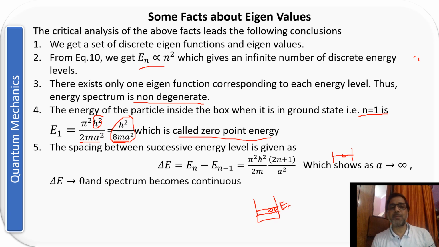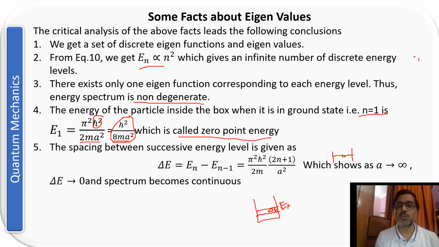If I substitute the values, for En we have n square pi square h bar square upon 2ma square, and for E(n minus 1) we have (n minus 1) whole square pi square h bar square upon 2ma square.